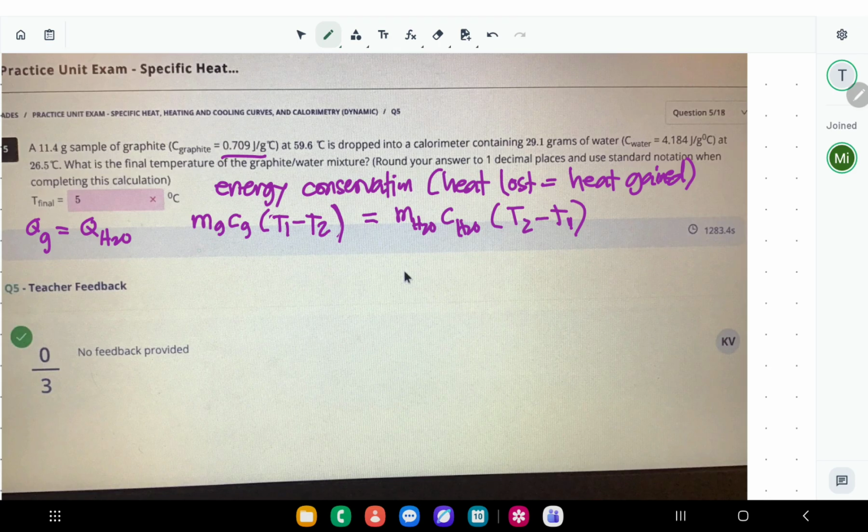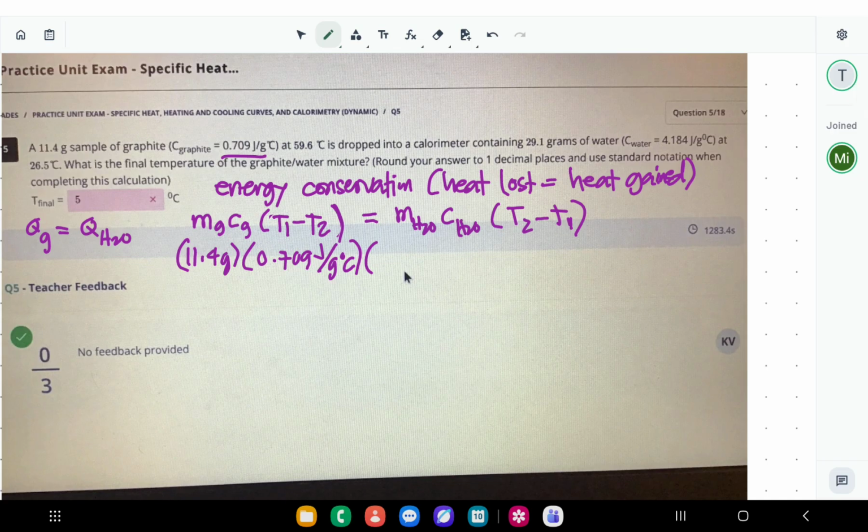Mass of graphite is 11.4 grams times 0.709 joules per gram degree Celsius. Then temperature, what's the question here? What is the final temperature?